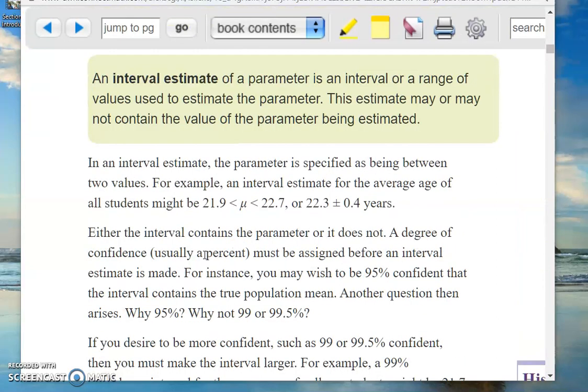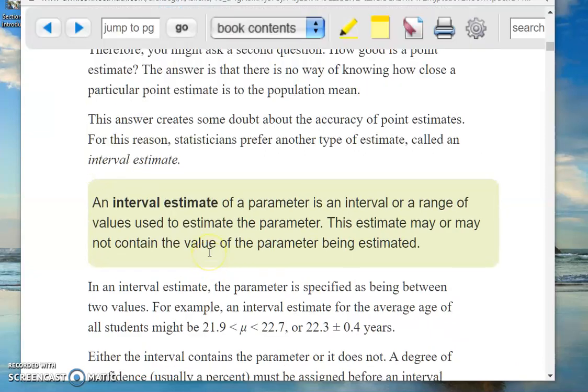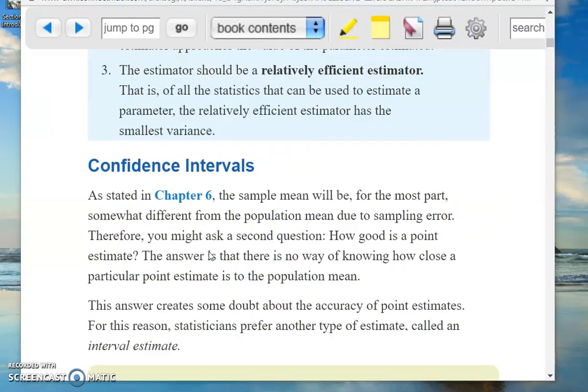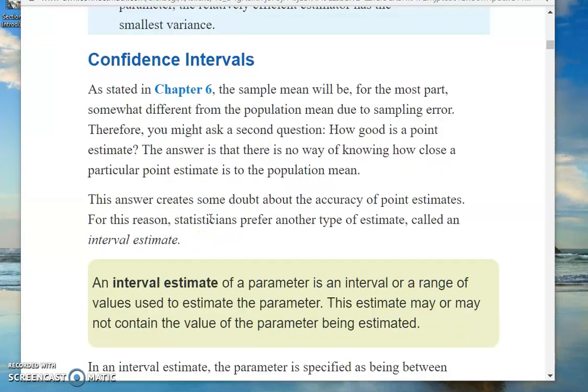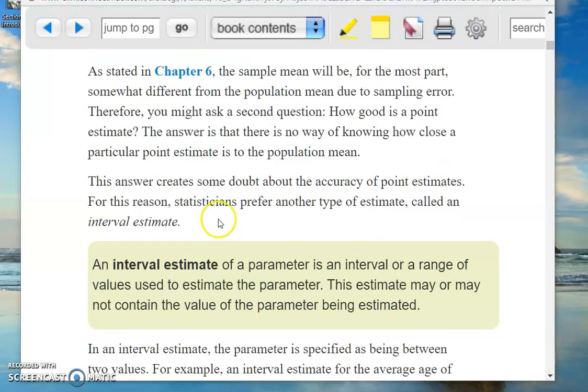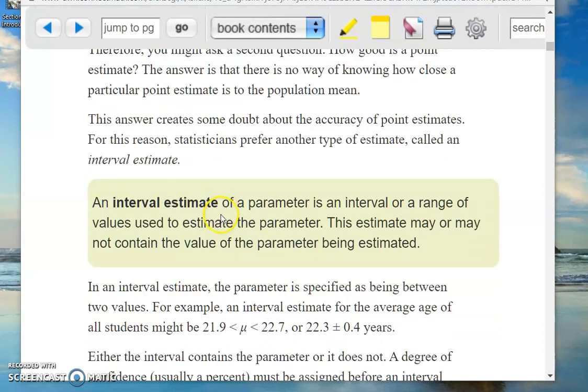And I think the most important thing that I want to share with you is that the interval estimate is used because we have no way of knowing how close a particular point estimate is to the population mean. So we don't have any way of knowing that, so it just makes sense to use an interval estimate.